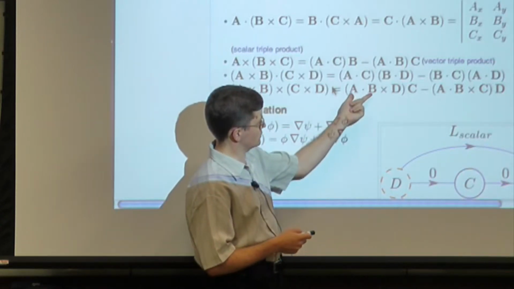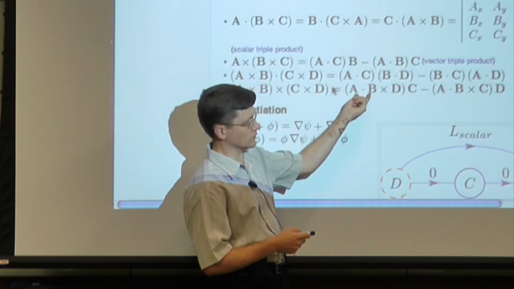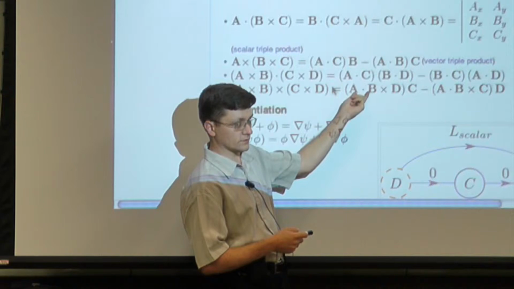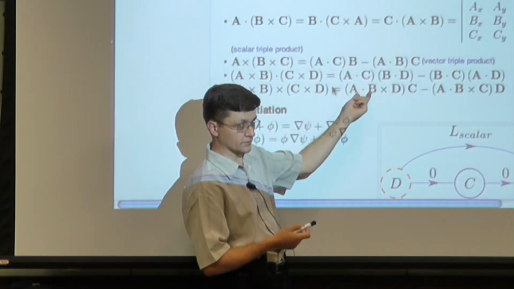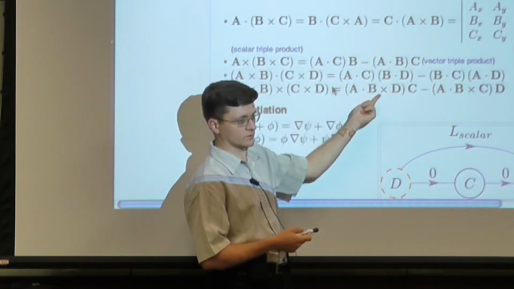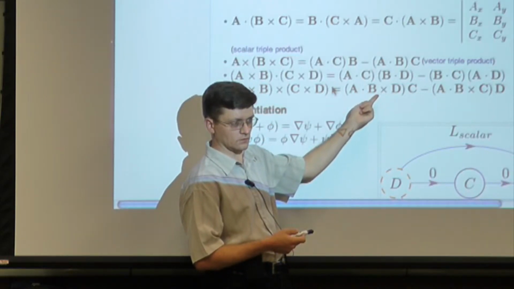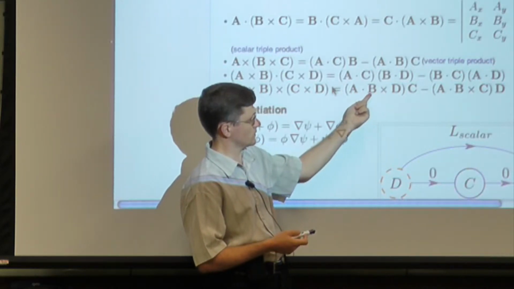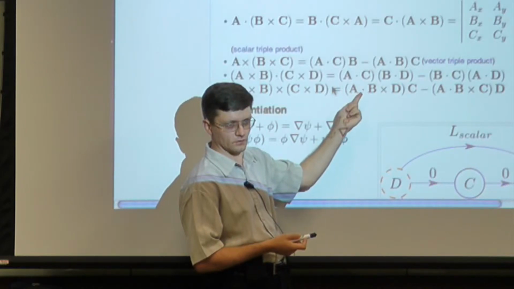Yes. So you take 2 vectors, you do dot product, and the result is a number. And then you take that number, take a vector, and do vector product. Is that what it is? How can you do a vector product with a number? Can you?